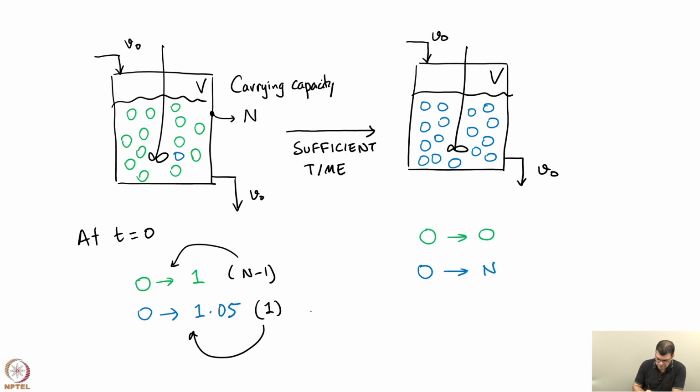So, the fraction of individuals of blue type, which was 1 upon N, where 1 is the number of blue type individuals and N is the total number of individuals in the reactor, which is N minus 1 plus 1. So, the fraction of blue type individuals was 1 upon N. By the time this sufficient time passed, the fraction of individuals of blue type became N upon N, which is just 1. And natural selection should drive this change as we have come to understand it.